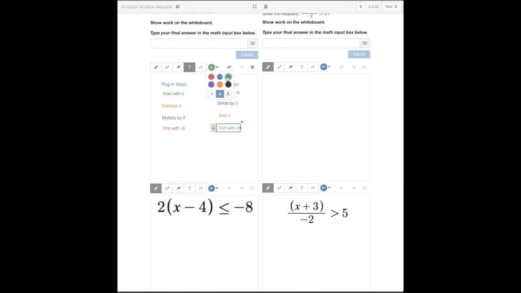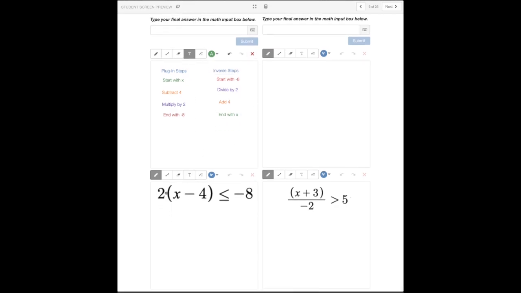Okay, so this is the process I'm going to follow in order to do this. The first thing I'm going to do is divide both sides by 2, because the negative 8 is already here. I'm going to use the math text from now on.